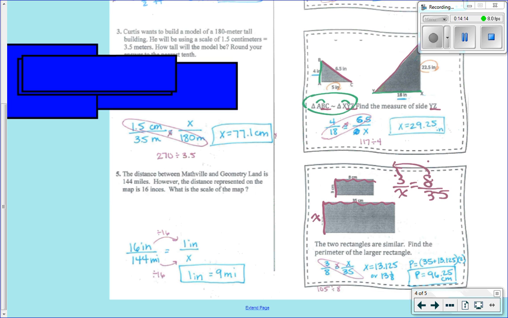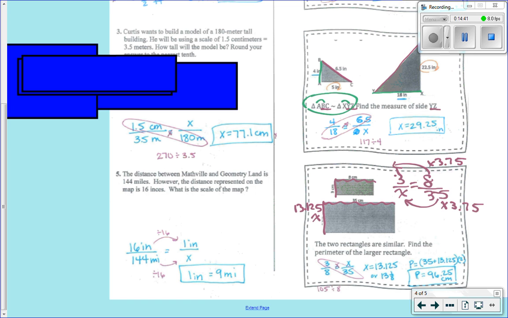3.75. So 8 times 3.75. How did you get 3.75? 8 divided by 3. We're good with that? Okay. And then 35 times 3.75. And did you get 13.125? Okay. So this side length is 13.125.